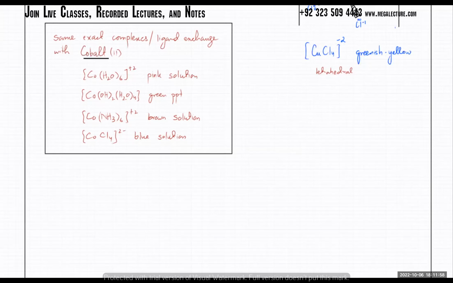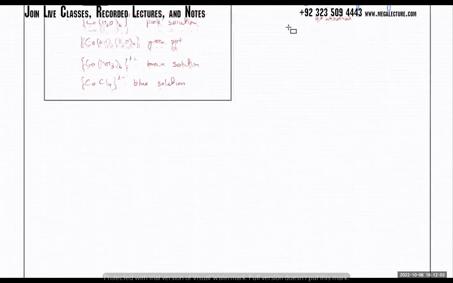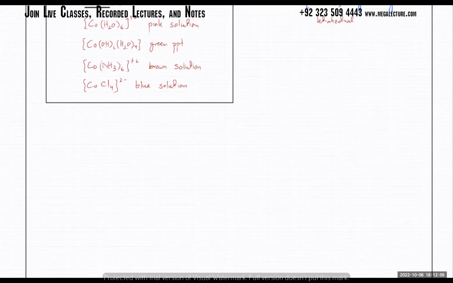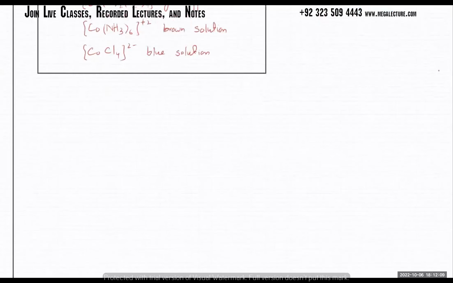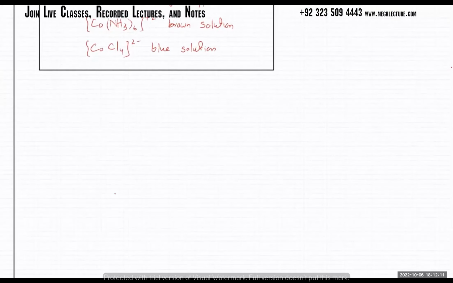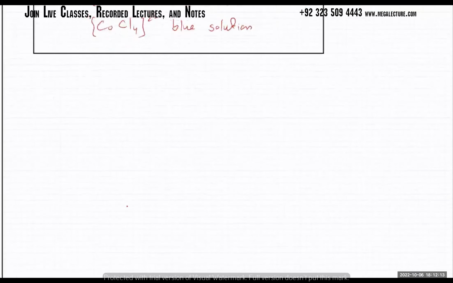So the next thing that you have is, we're going to write equations for this. So the same reaction that we did. I'm going to start writing equations for the same reactions.